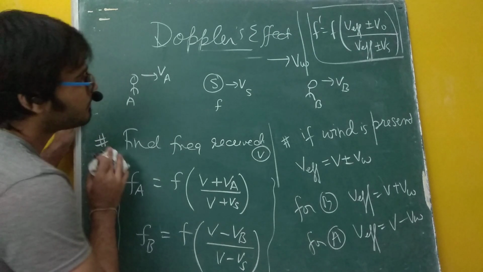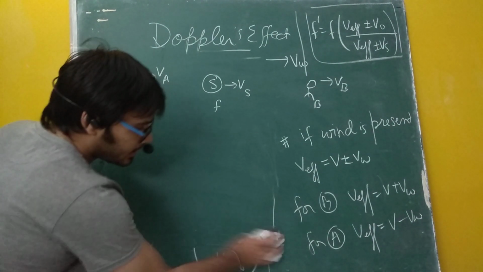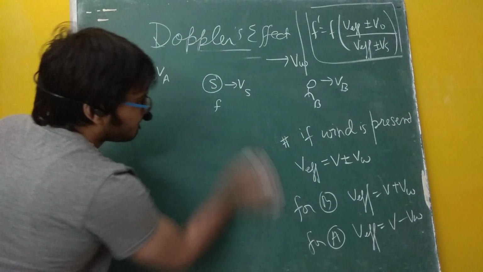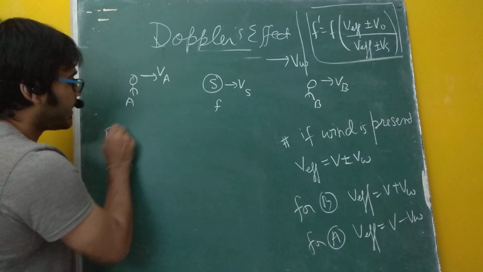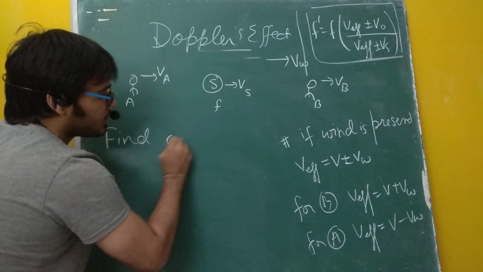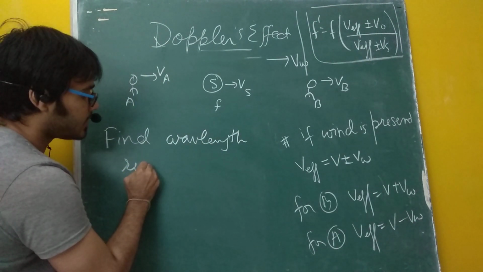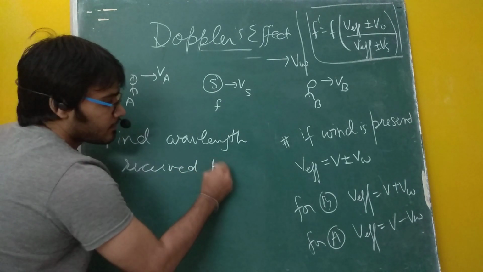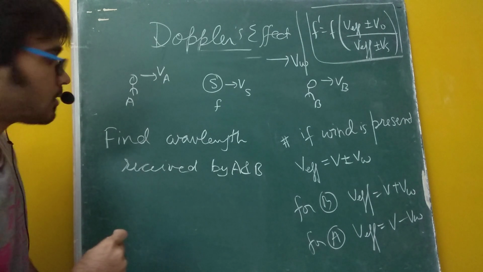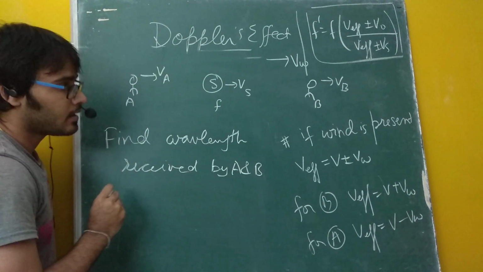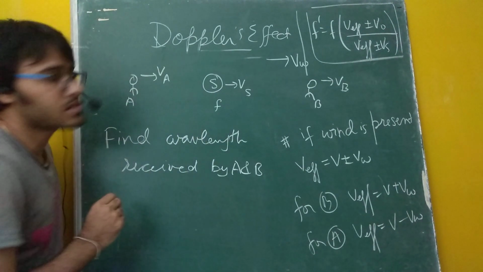So I am rubbing this now. In fact, we can take this example only and ask another question. The next question is, let's say, find the wavelength received by A and B. Regarding wavelength, the first important thing is that it does not depend on the velocity of the observer.